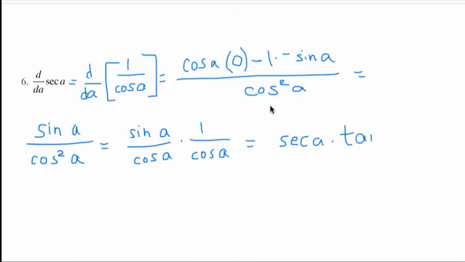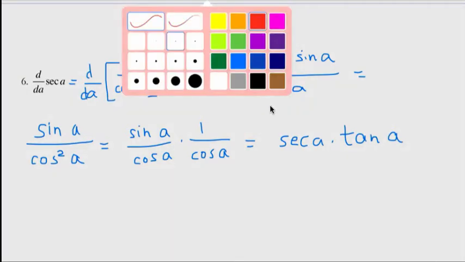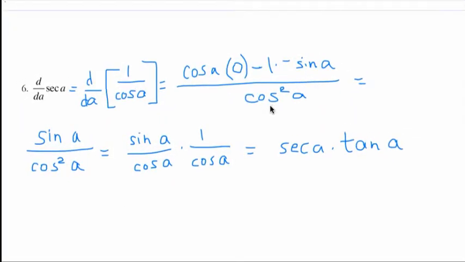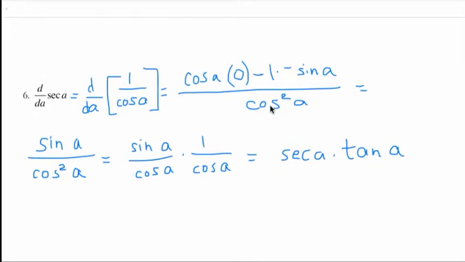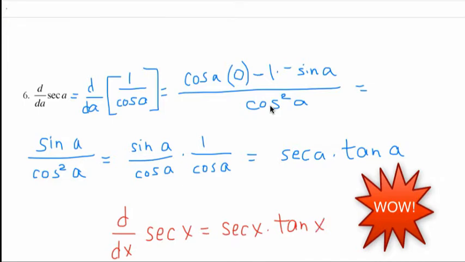Notice I switched the order in that last one. So again, this is one we want to remember and memorize. So to go on the study guide, the derivative of secant is going to be secant tan. Put a box around that one too.